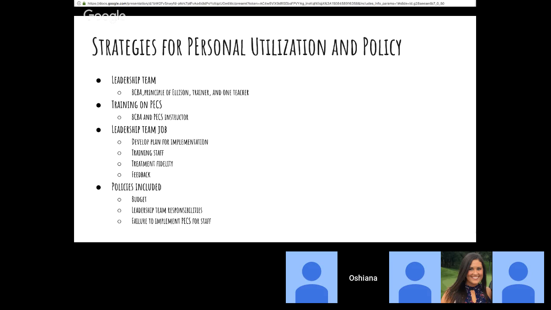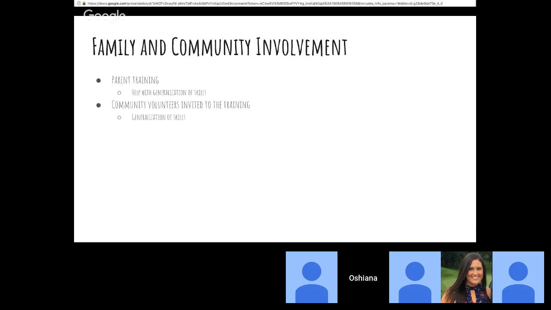And policies that will be added will be the budget, the leadership team responsibilities, and what will happen if a staff fails to implement PECs. And it is encouraged that both parents and community volunteers are a part of the PECs training process.